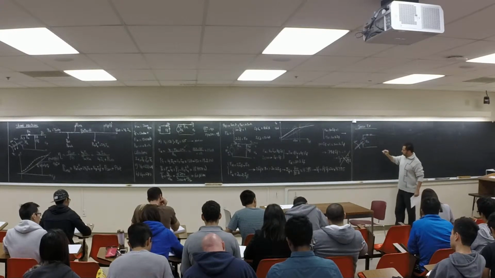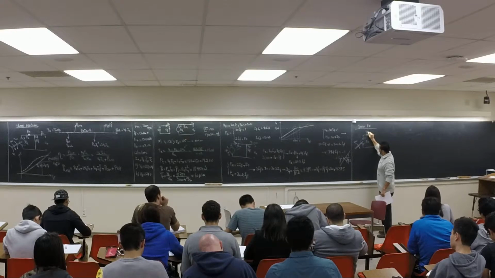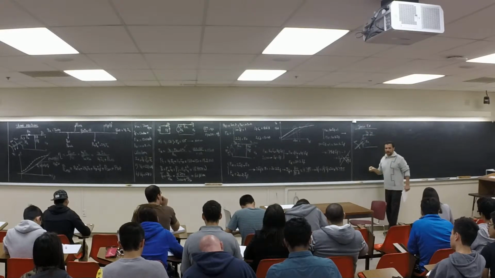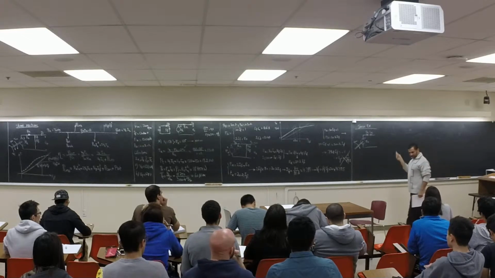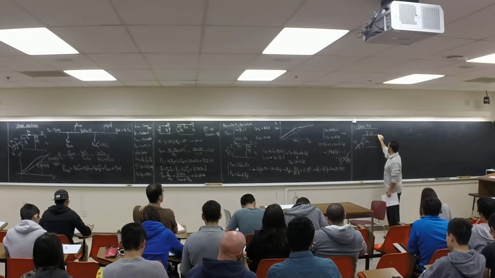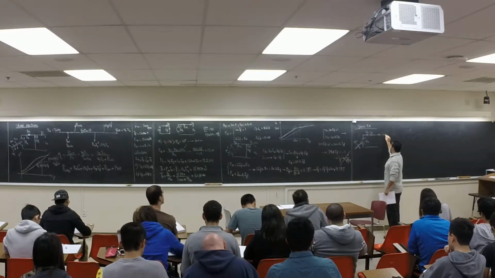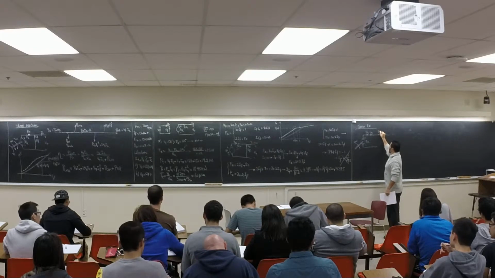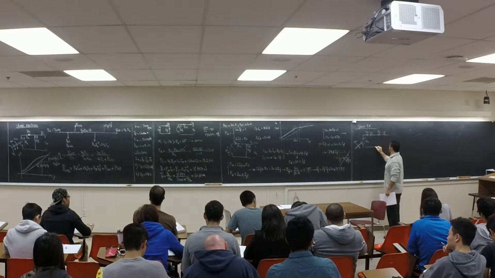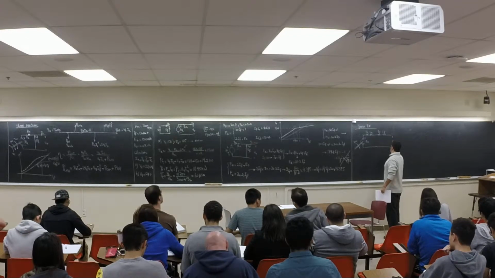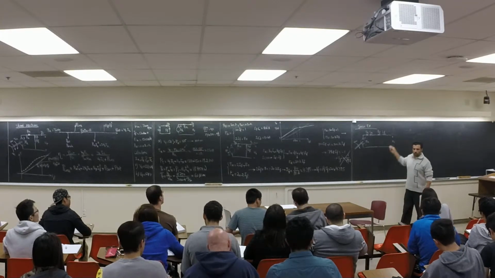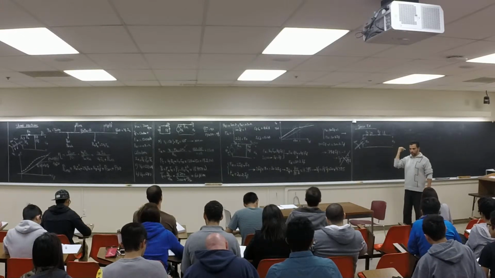So where is the excitation system? In series, exactly. In series with the armature. So it could be a motor going this way, it could be a generator going that way.